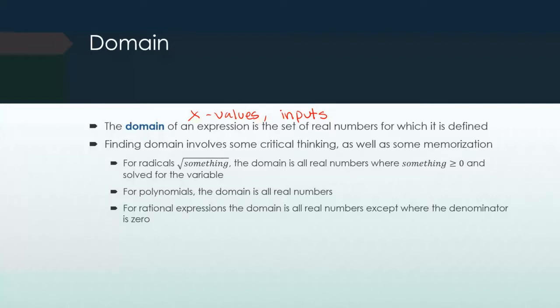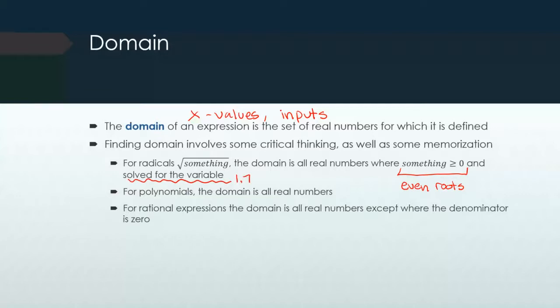This actually is particular to even roots because we can't have negatives inside an even root. So whatever's inside there has to be greater than or equal to 0. And so we determine where that is and then solve for the variable. And solving for that variable, that is something we actually cover in 1.7. So you guys have not seen that yet.